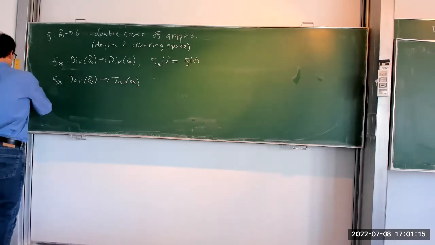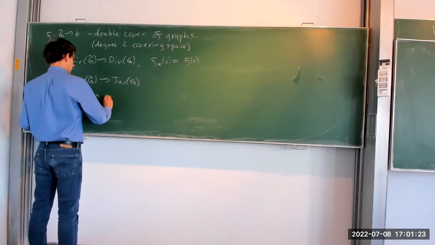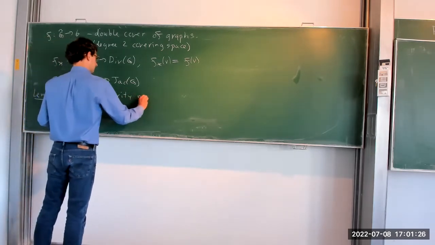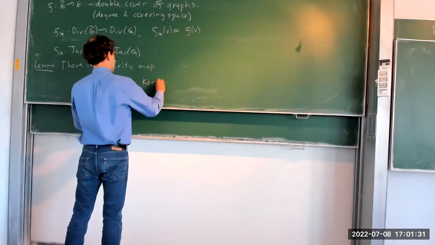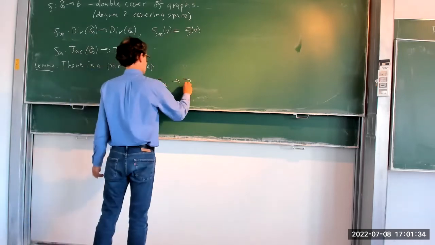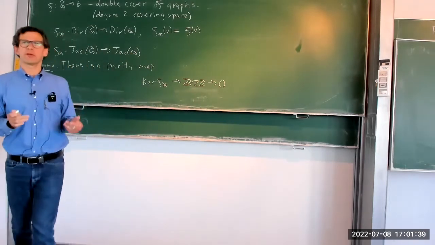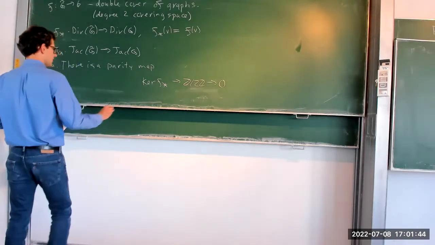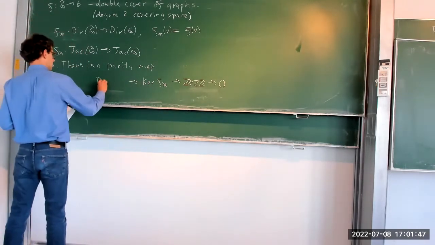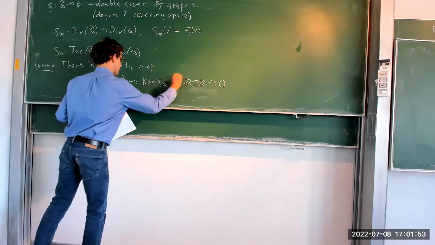So what I first do is prove that there exists a parity map from the kernel of my norm homomorphism into Z mod 2Z, a surjective parity map. This is a fairly simple exercise to show that this exists. And then, this is a lemma slash definition, I'm going to define the Prym group of my double cover to be the kernel of this parity map epsilon.